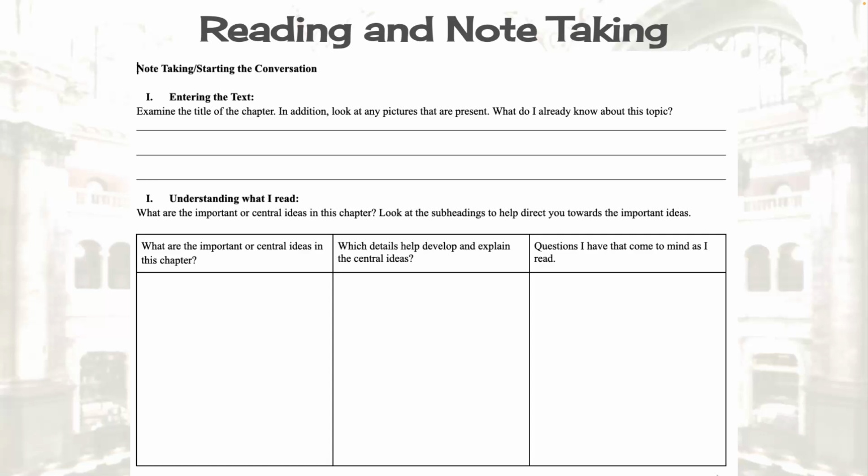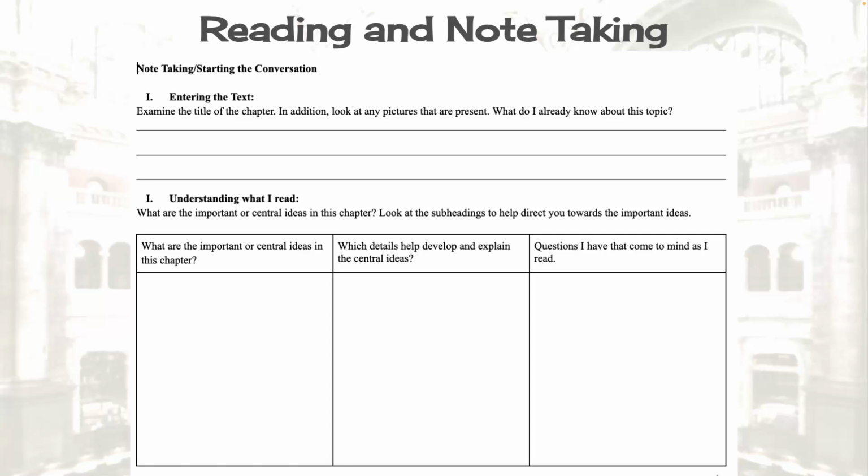And then in the middle column, I would write key supporting details and important ideas that help explain each of those central ideas, those chapter subheadings or headings that you find while you're reading. And then while you're reading, if questions come to mind, that's where you write those in the third column.